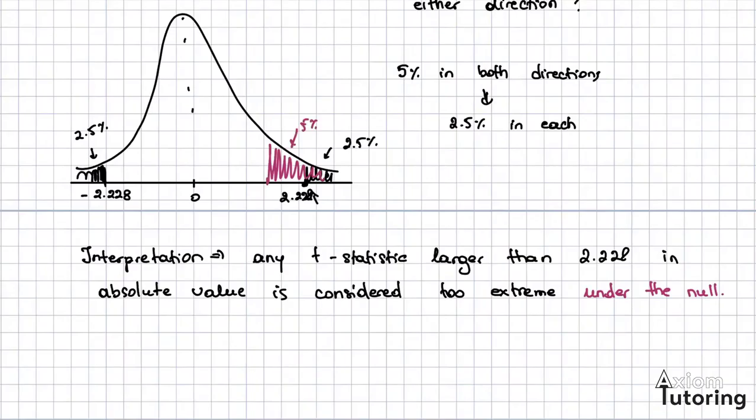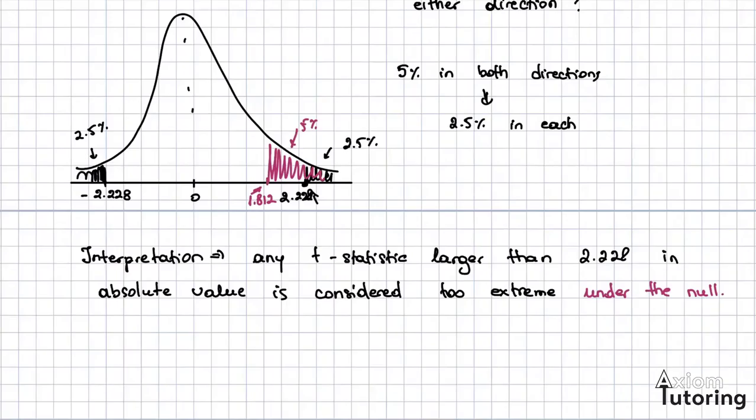So it makes sense that the critical value will be different. In this case, this is where the 1.812 is situated. And keep in mind, the interpretation is exactly the same. It's a smaller cutoff because all the probability now is in one tail, and it just means that any t-statistic larger than 1.812 in absolute value is considered to be too extreme under the null hypothesis.